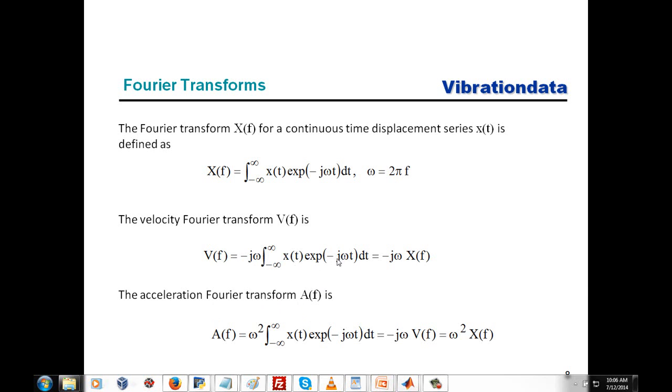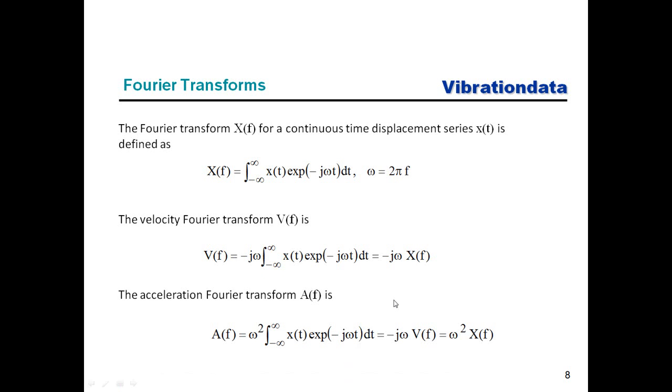So this minus j omega comes out, gets multiplied against this minus j omega, and that just becomes omega squared in front of the displacement Fourier transform. And that's really all there is to performing this type of differentiation in the frequency domain.